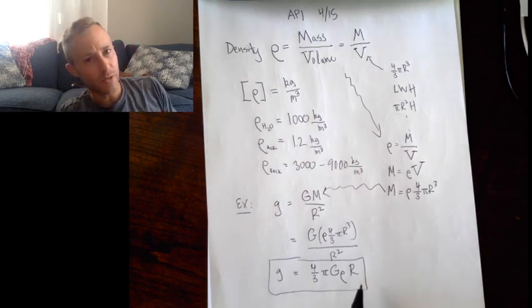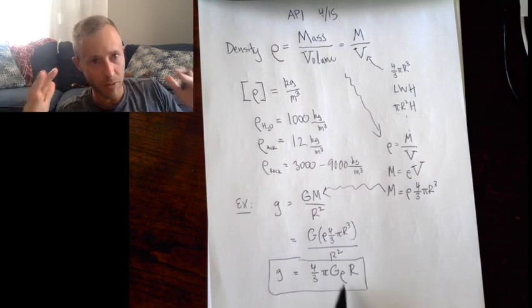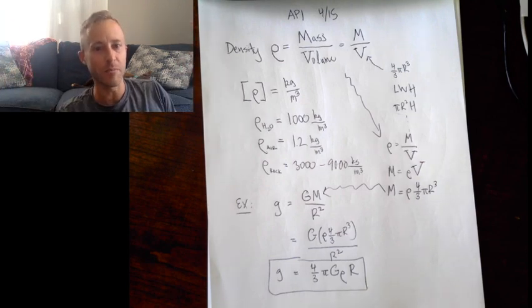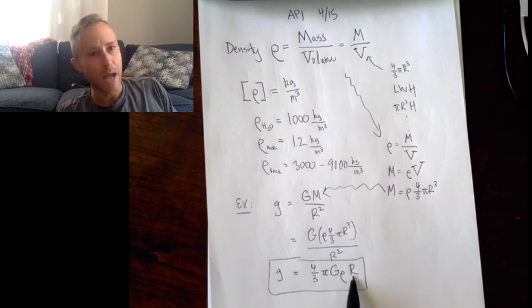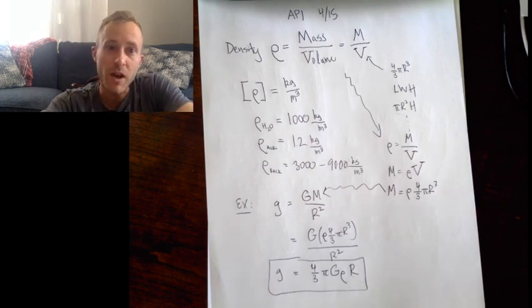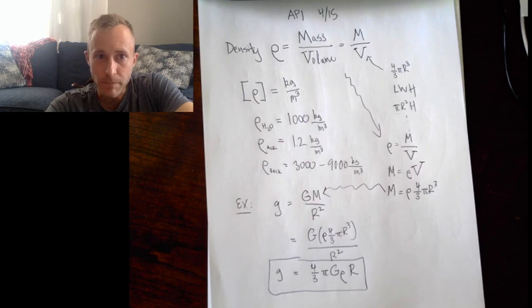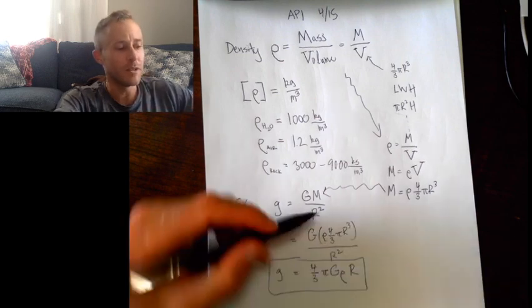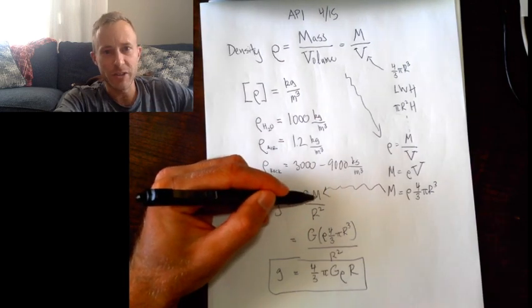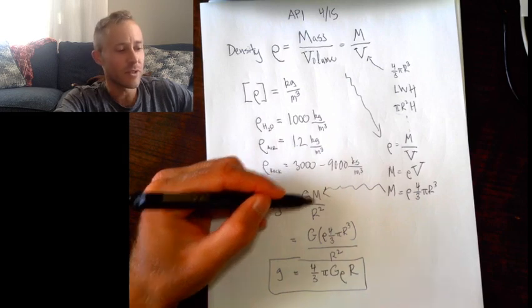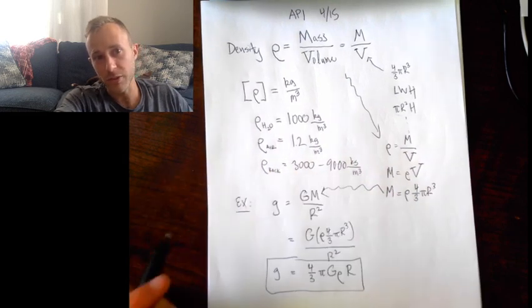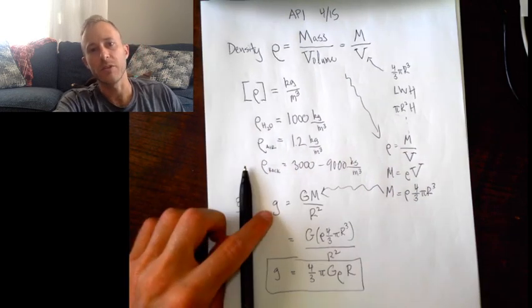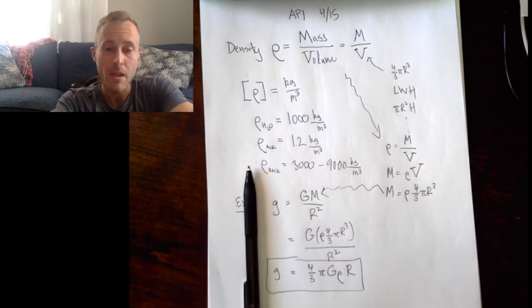So for a fixed density, meaning we're making the planet bigger out of the same material, as we increase the size of the planet, the gravity goes up. Okay? So basically what that means is that the mass increases a lot faster than r squared increases, so that the overall gravity goes up.